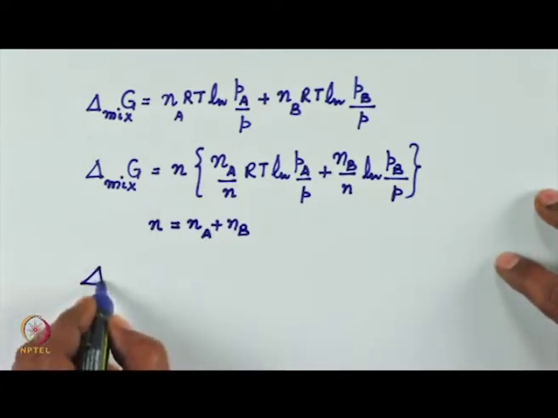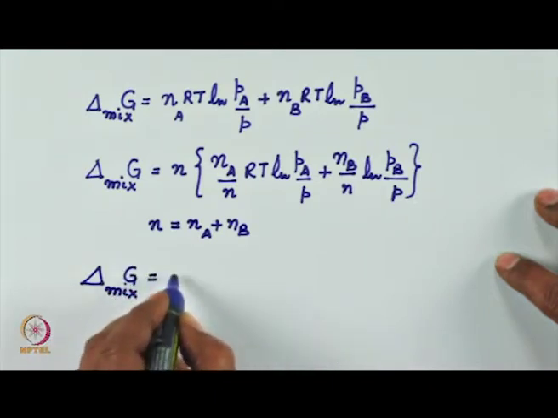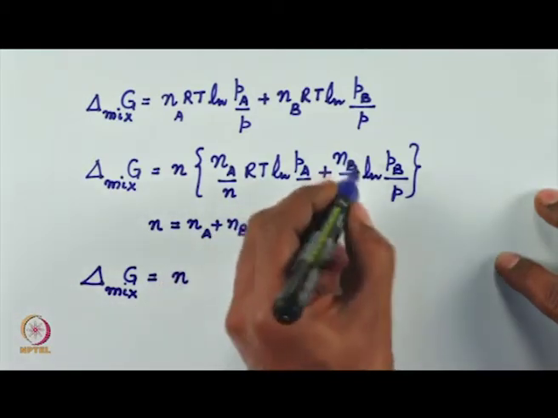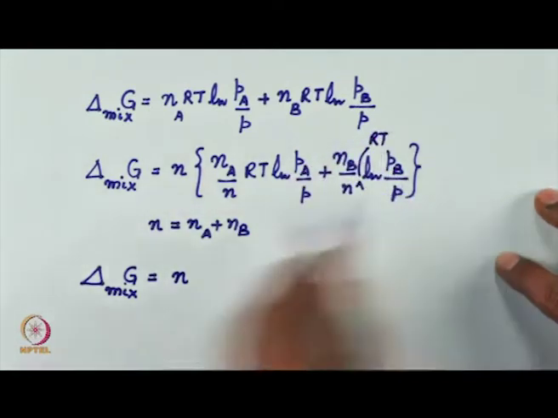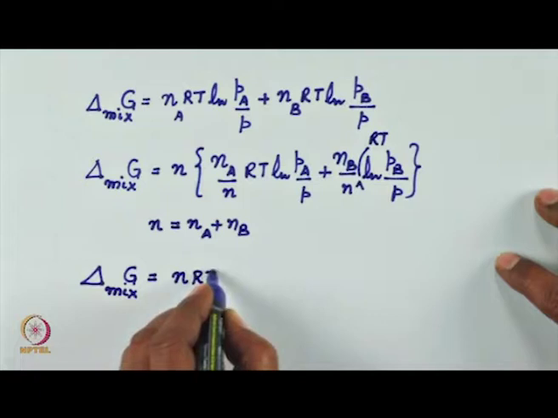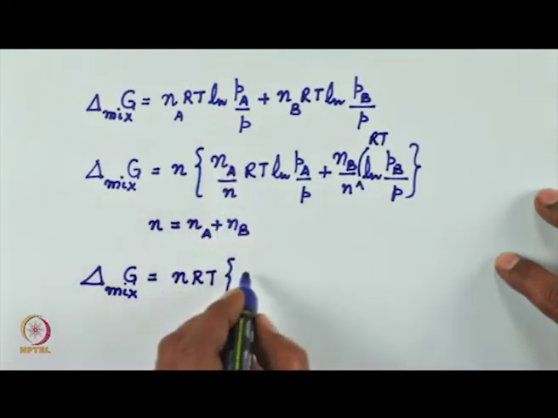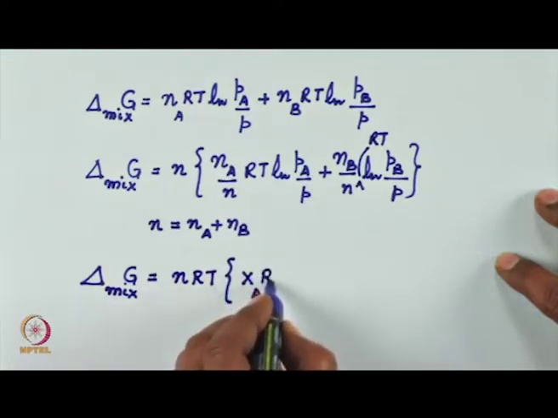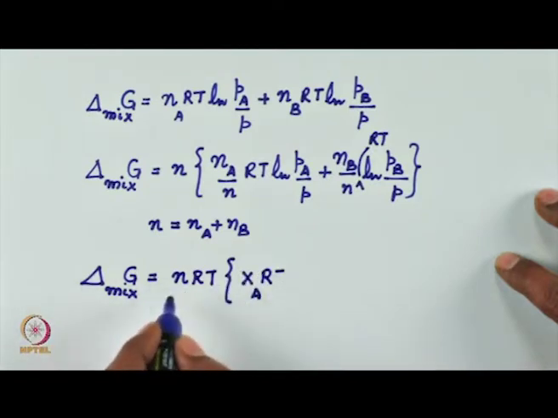Now, this will allow me to write the equation in this form: delta G mixing is N RT, since there is an RT common. Inside what I have, Na by N, which is mole fraction of A, into RT, RT is taken out.